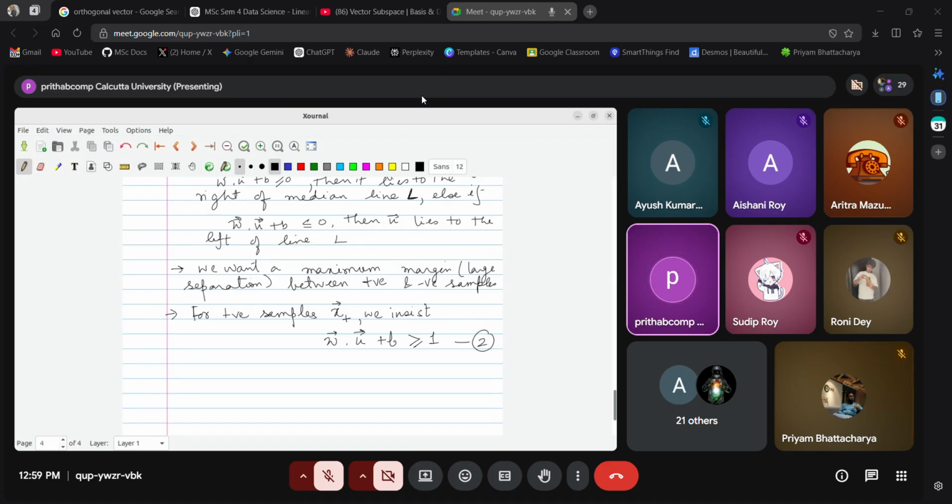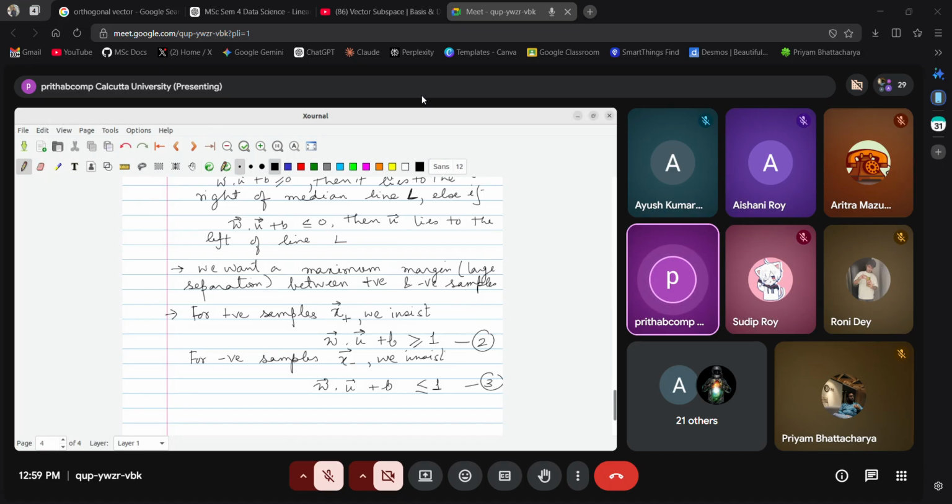Similarly, for negative samples, x minus, we insist that w dot u plus b must be less than or equal to -1.